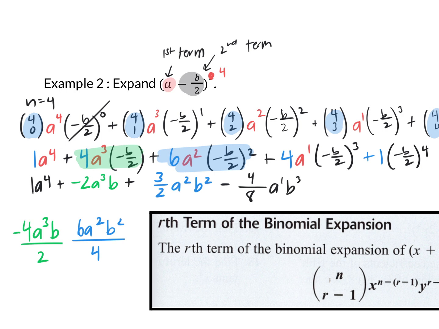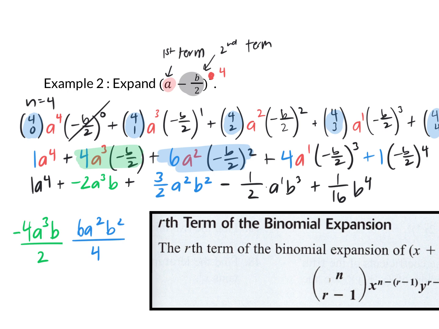Or I could rewrite this as 1/2, right? And then the last one, a negative to the 4th power would be positive, and then it would be b to the 4th power with a 1 over, not 8 actually, but 16 in front of it.